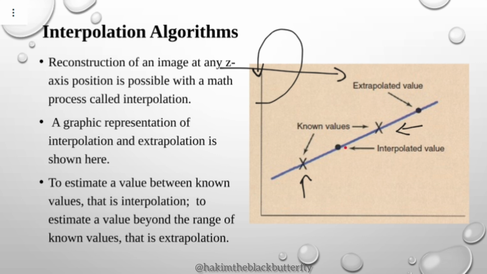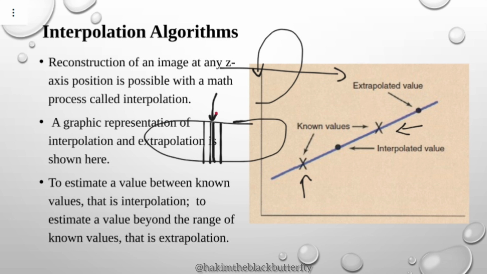To estimate the information in between the two slices. For example, if this was the patient and we get a slice here, and maybe because of the speed at which the couch was moving, we got another slice just beside the other with some missing information in between.